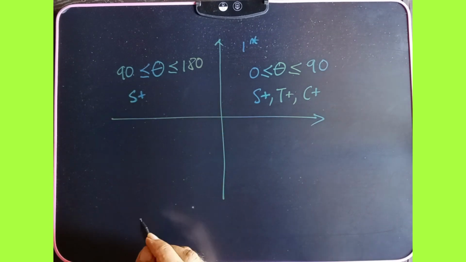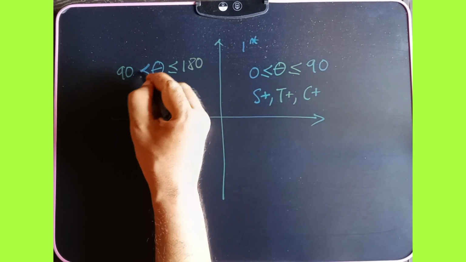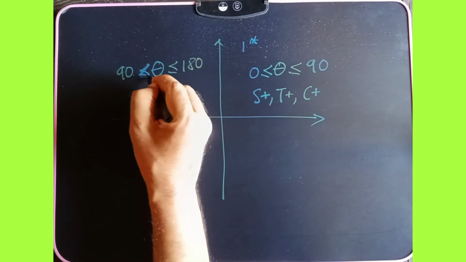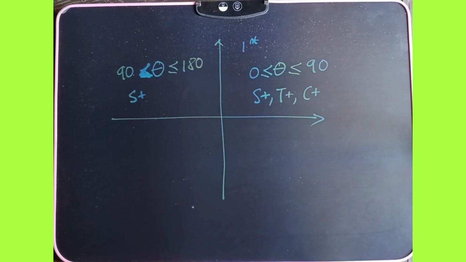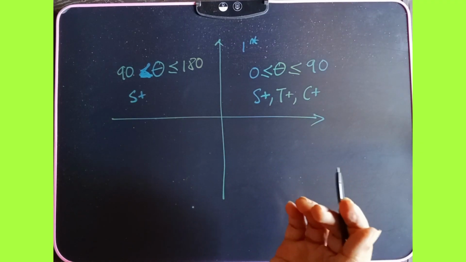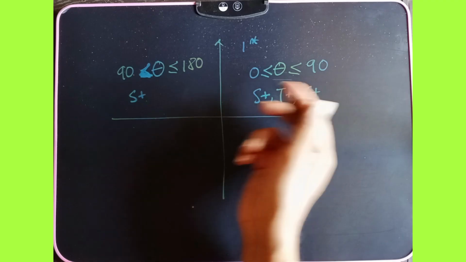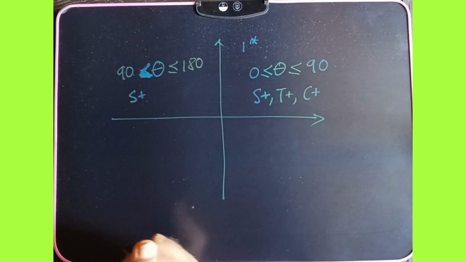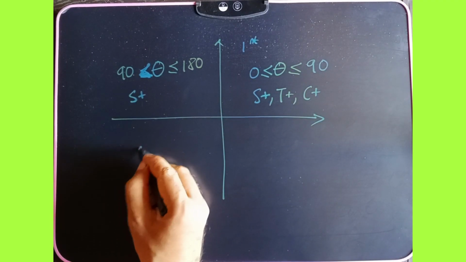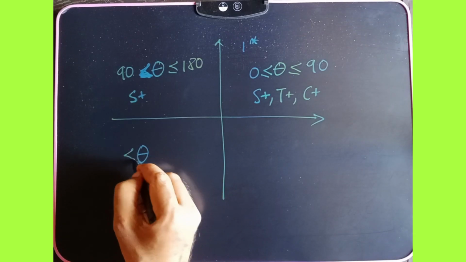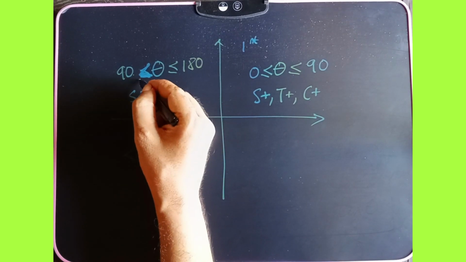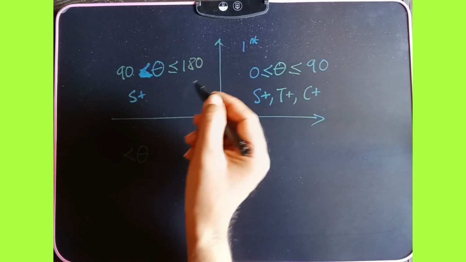Here it will be greater than 90. I think in the previous slides I also said greater than or equal to. If sine is positive here, even when it is equal to, it will still be positive. Even for equal to, sine will be positive.